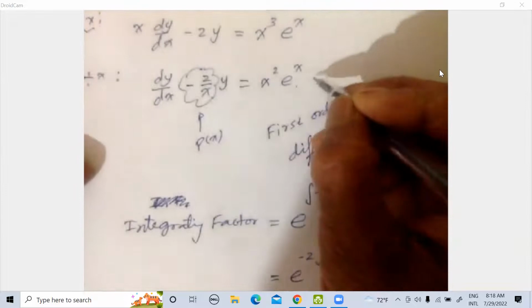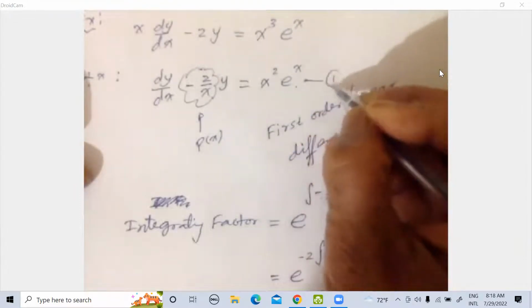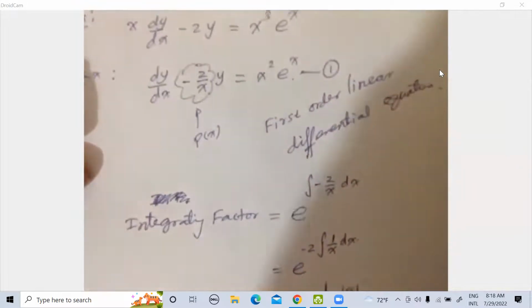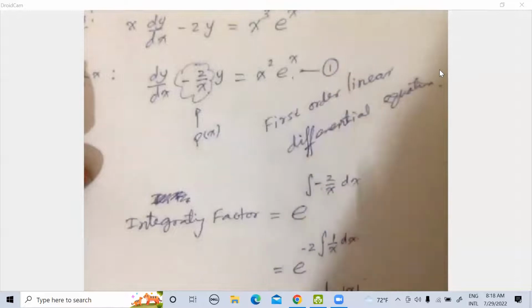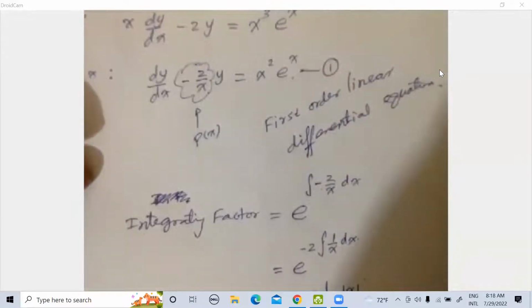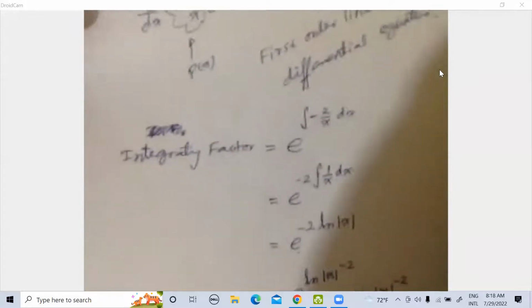Now go to the equation. Let us call this first order equation, equation 1. Now, what is the method of solution? Take the equation and multiply by the integrating factor. So I have to multiply equation 1 by the integrating factor.